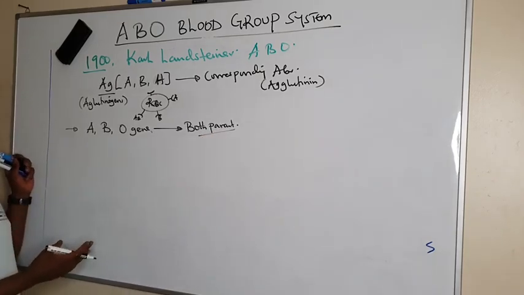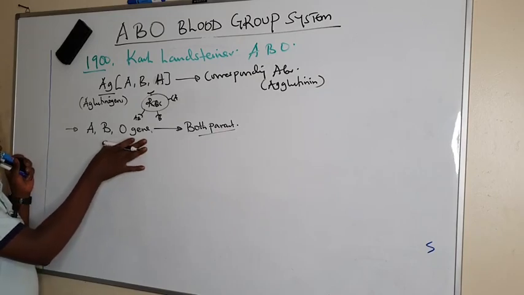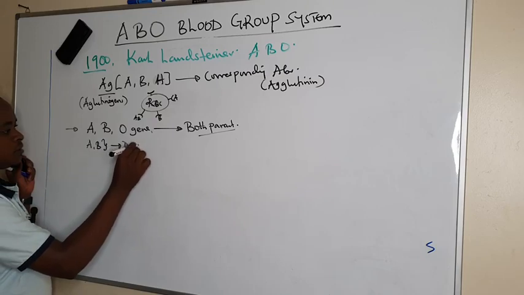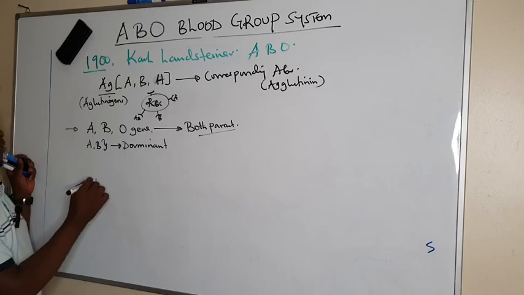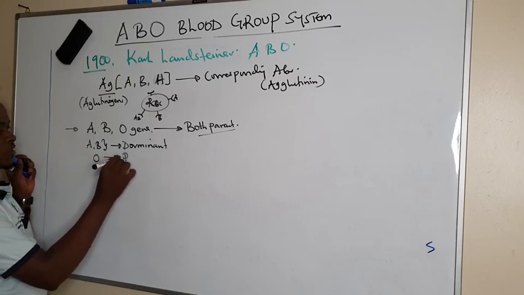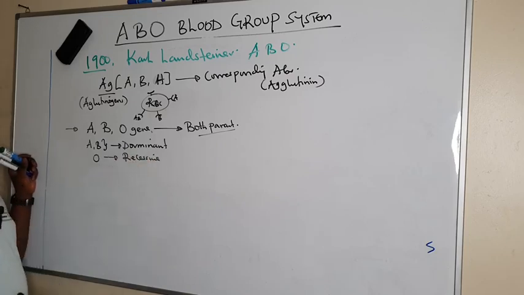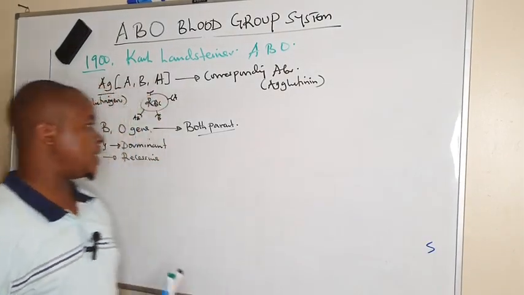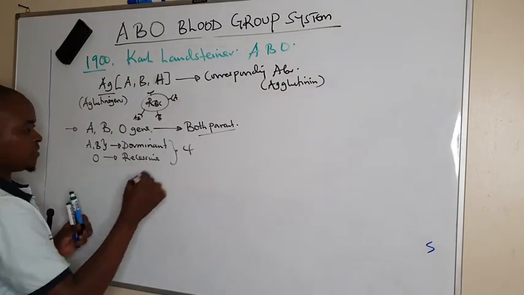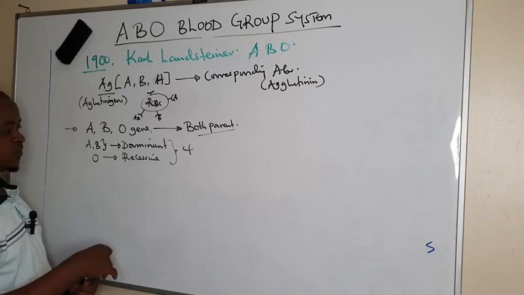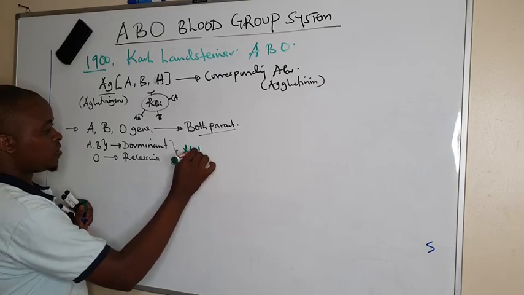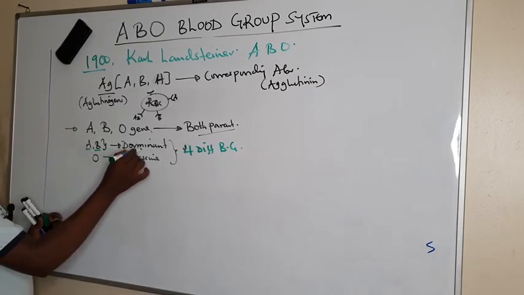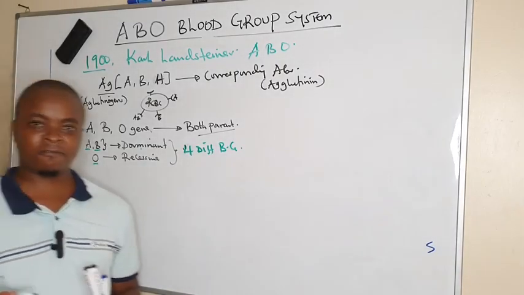He found out that genes A and B were dominant, whereas gene O is a recessive gene, meaning A and B mask the presence of O. This gives rise to 4 different blood groups according to these genes, whereby A and B genes are dominant over O, which is recessive.